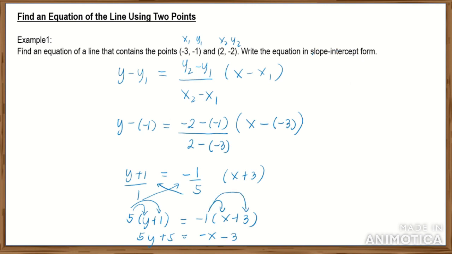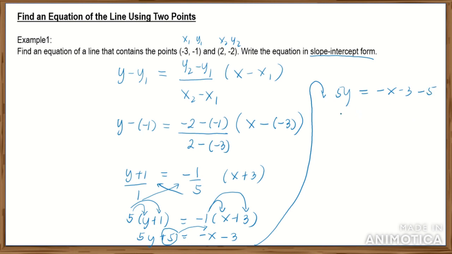We're going to write the equation in the slope-intercept form, so we can also determine another point of the line, which is the y-intercept. To do this, we're going to isolate 5y on the left side. So what's left here is negative x minus 3 on the right side. And do not forget to transpose positive 5 to the right side, so it becomes negative 5.